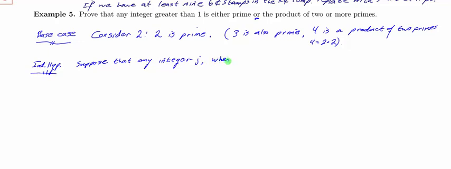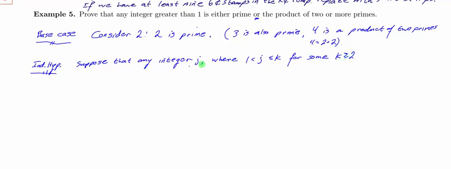So where j is greater than 1, say strictly greater than 1, you could say greater than or equal to 2 also, and less than or equal to k for some k greater than or equal to 2.